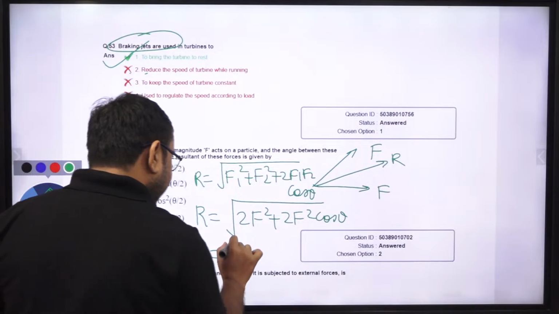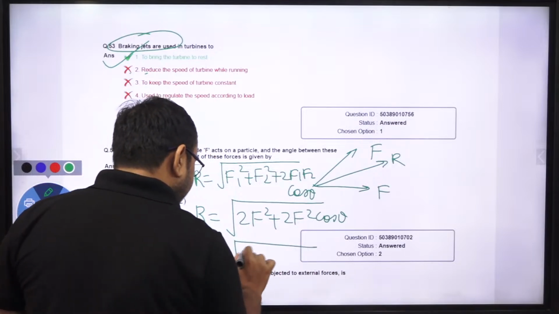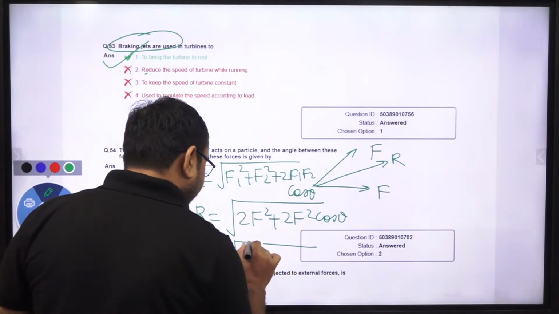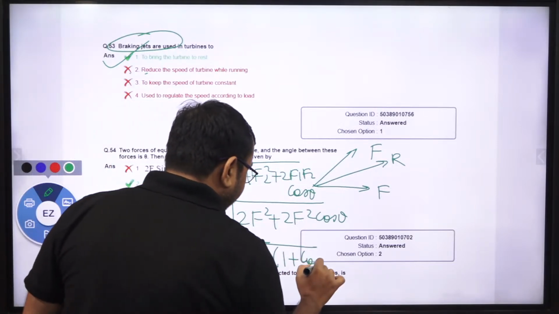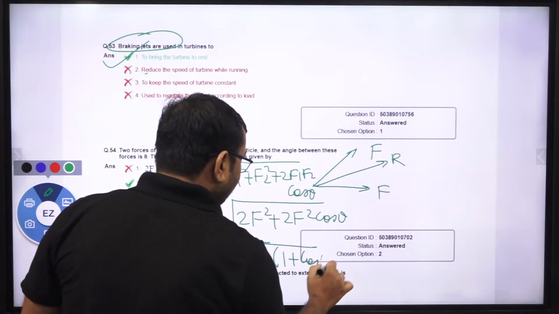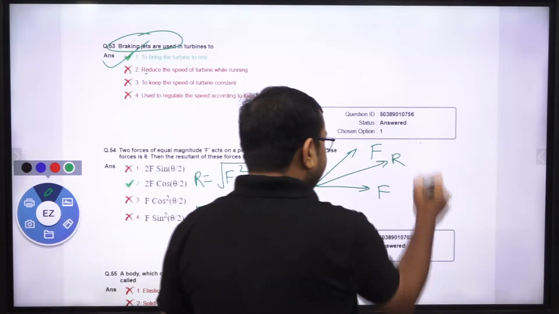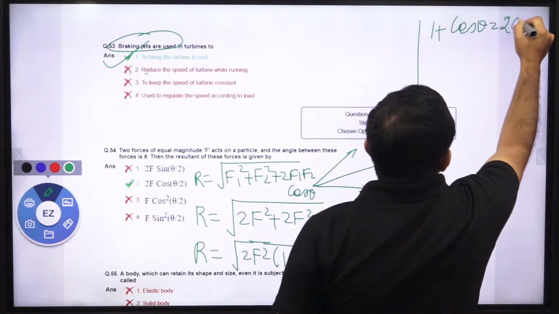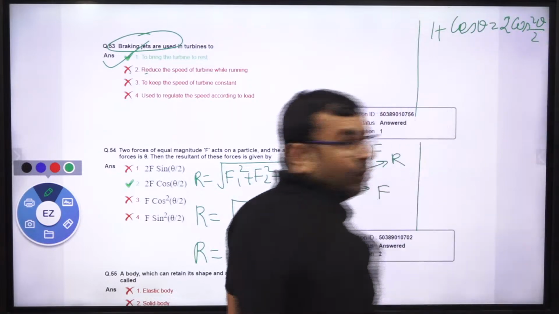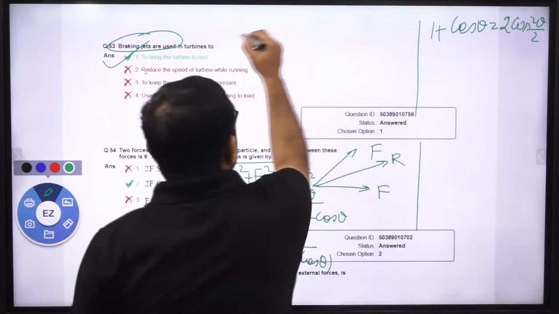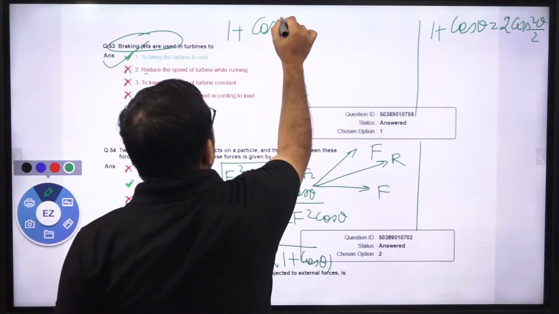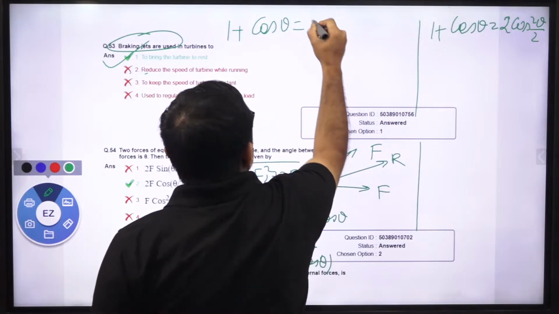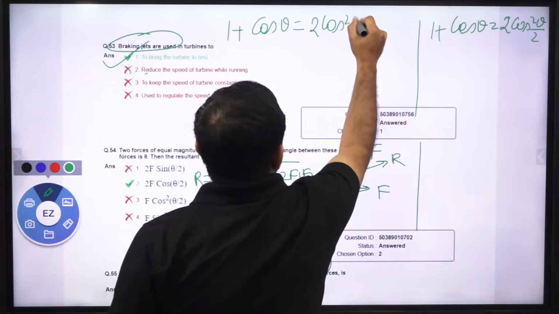So simply I can write this as 2 times F square in bracket 1 plus cos theta. So simply can I say 1 plus cos theta can be written as 2 times cos square theta by 2.